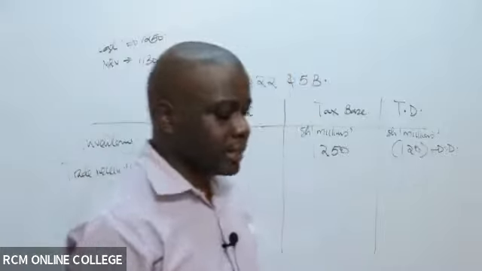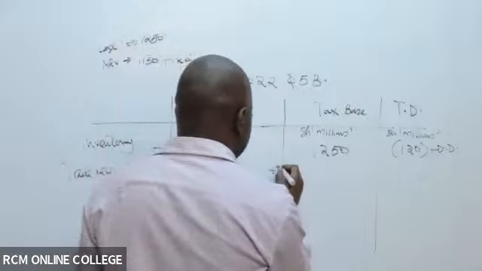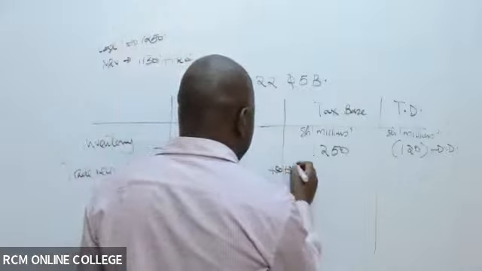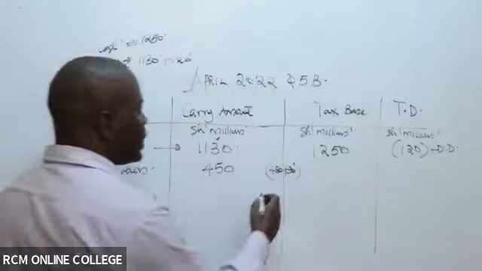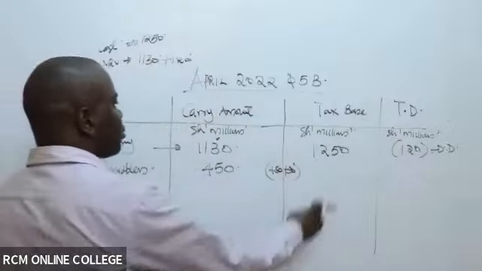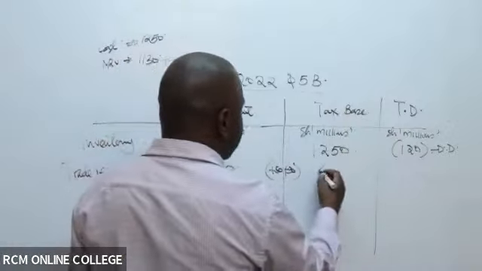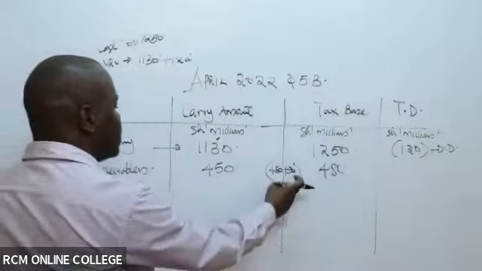So what the taxman actually considered here will be 450 plus what was allowed as bad debts. The taxman doesn't recognize this provision. So what the taxman will consider here is 480 million, before providing for the bad debts.